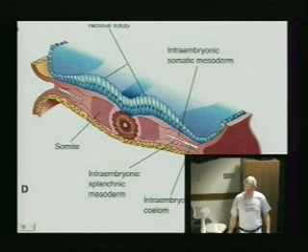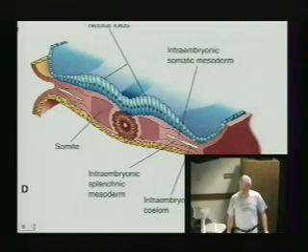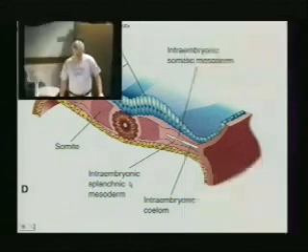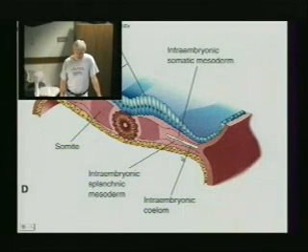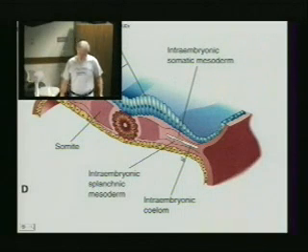So this lateral mesoderm is now differentiating into an intraembryonic somatic mesoderm, going to line the body wall, and then the intraembryonic splanchnic mesoderm that is going to line the yolk sac for now, but it's going to become the gut tube, basically.